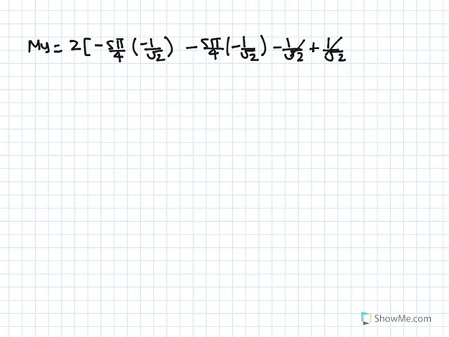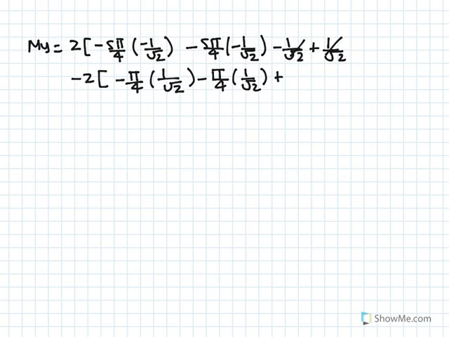Cancel, cancel. And then minus 2 times negative pi over 4 times 1 over root 2, minus pi over 4 times also 1 over root 2, plus sine of pi over 4, which is 1 over root 2, and cos of pi over 4 is 1 over root 2 as well.